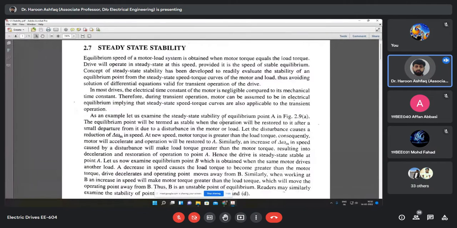ठीक है, तो here in this case the only disturbance that you can give, and obviously you are considering a mechanical load at the output of the machine, is in terms of either torque or speed. So if you give a disturbance in terms of torque, again it is going to affect the speed. ठीक है, अगर आप उसका टॉर्क घटाएंगे या बढ़ाएंगे कुछ भी करेंगे, तो you are going to have a change in speed.